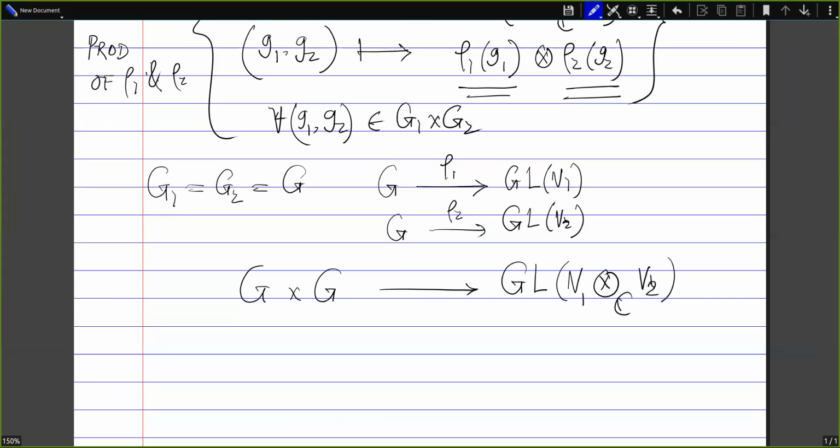We consider the tensor product rho 1 tensor rho 2.